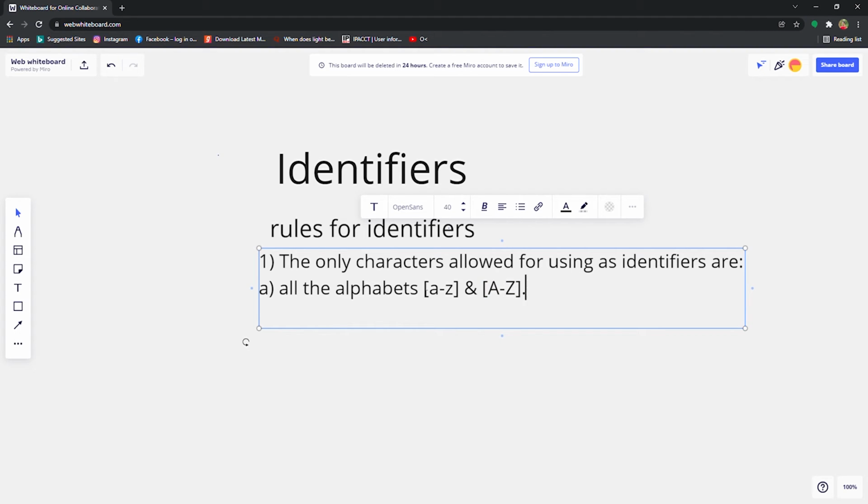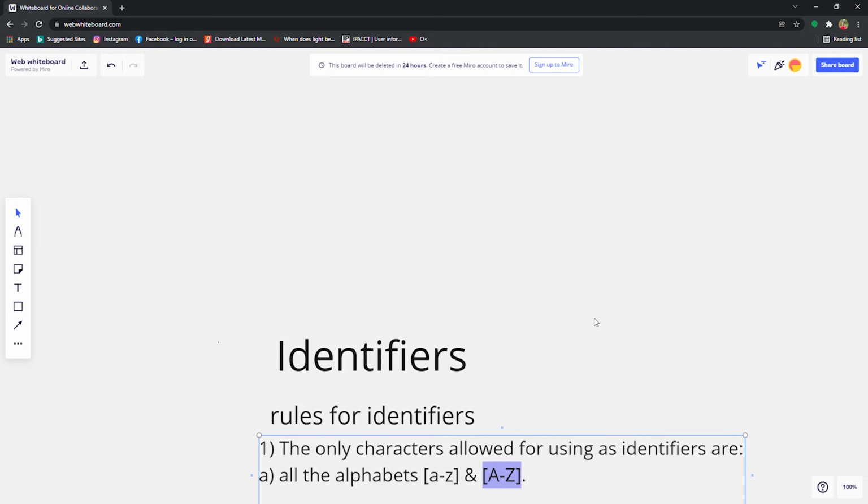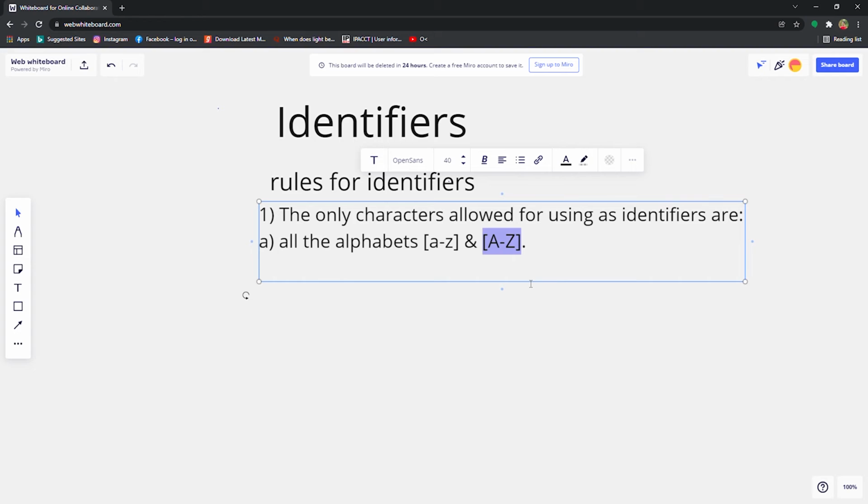The small letter characters are called lowercase characters, and the capital letter characters are known as uppercase characters. Lowercase is different from uppercase, so don't mess up with this. Java is a case sensitive language.